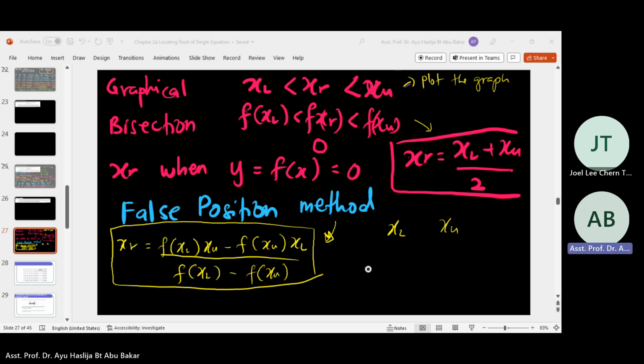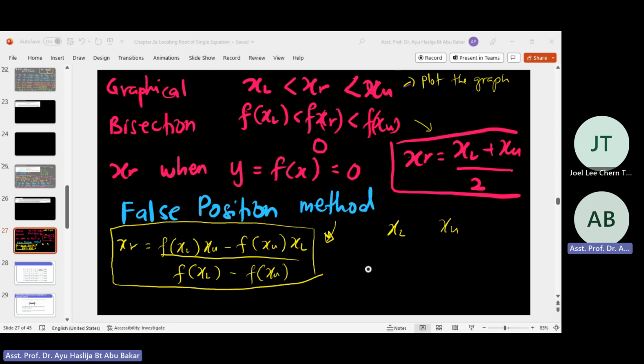For the dye concentration, C to reach 100 mg, using bisection with initial guesses of 3 and 5. Stopping criterion is 10%. So you replace the value of C in the equation with 100 and rearrange everything so that this side becomes 0. 100 is brought to this side.